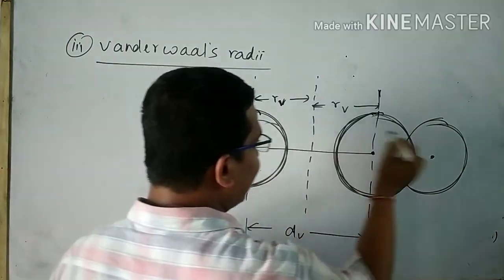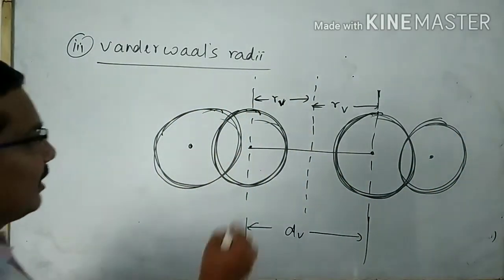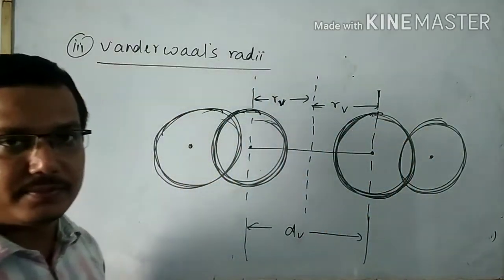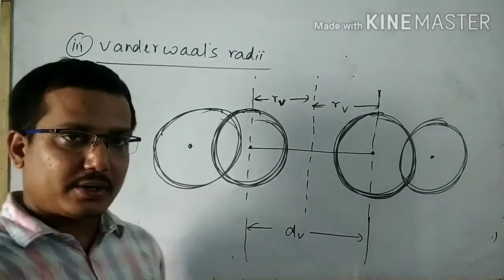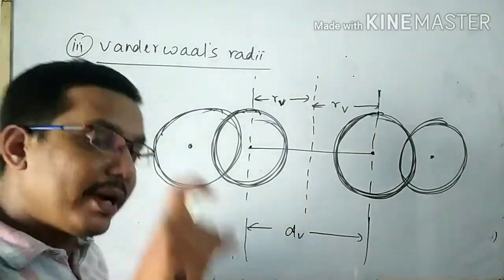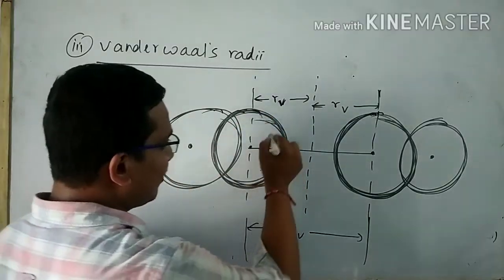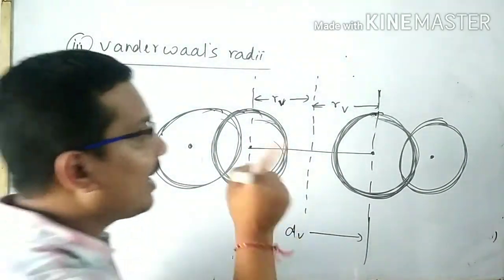Select two atoms which are non-bonded to each other and neighboring to each other. This atom and this atom are called non-bonded neighboring atoms.